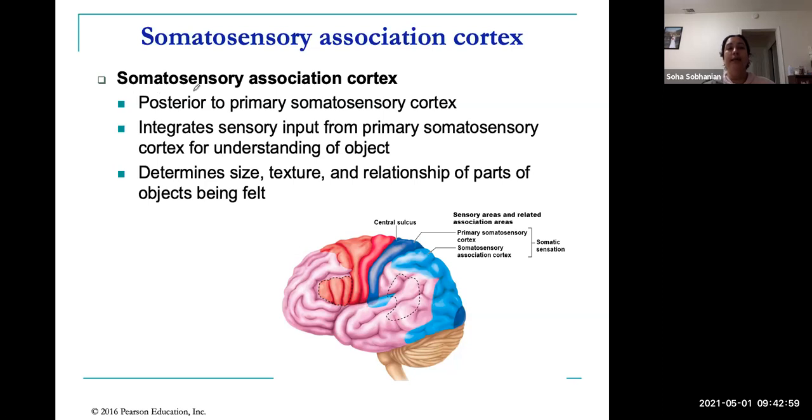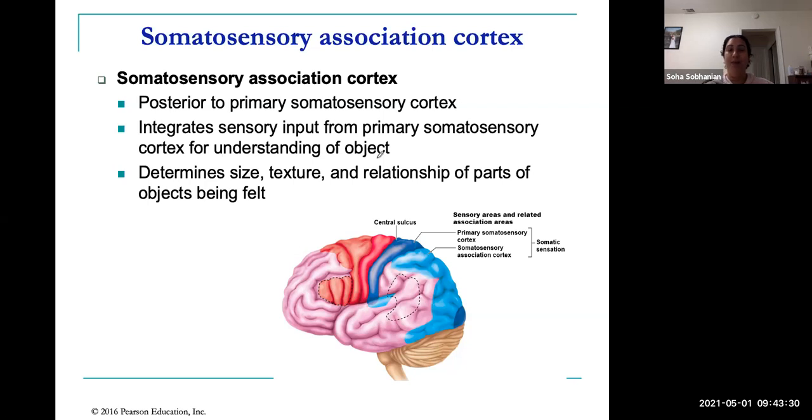In the case of the somatosensory association cortex, the location of it is right here. It's part of the parietal lobe, in a light blue color. What does it do? It integrates, which basically means process, analyze, make sense of the sensory input from the primary somatosensory cortex for understanding of the object.